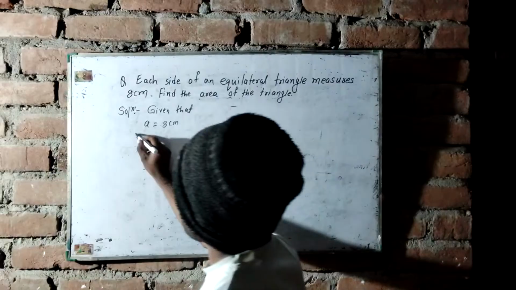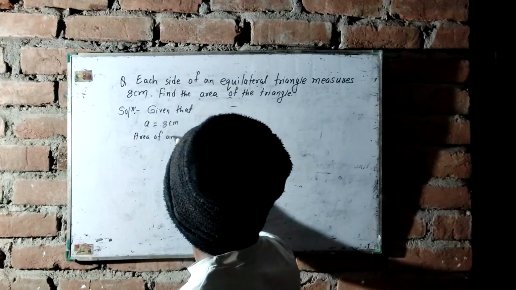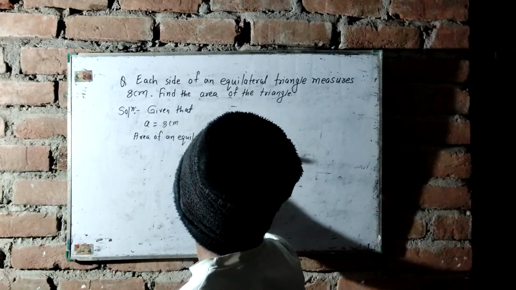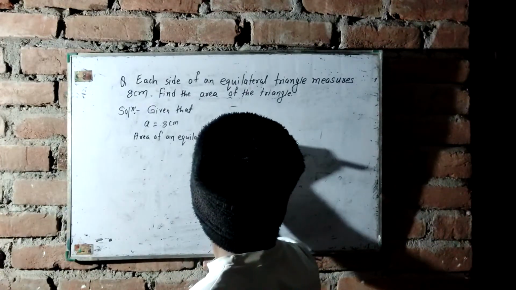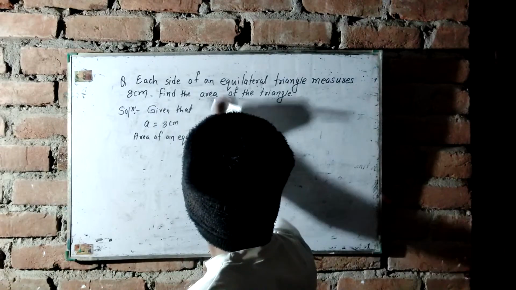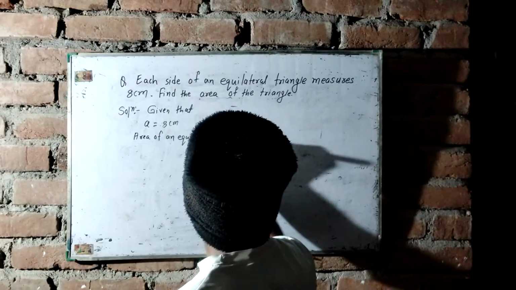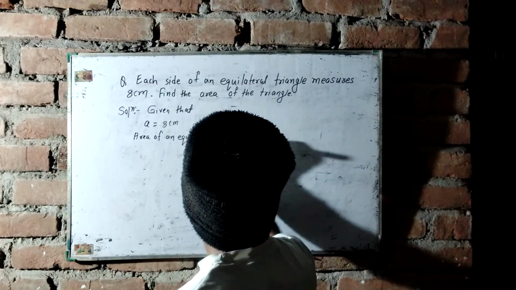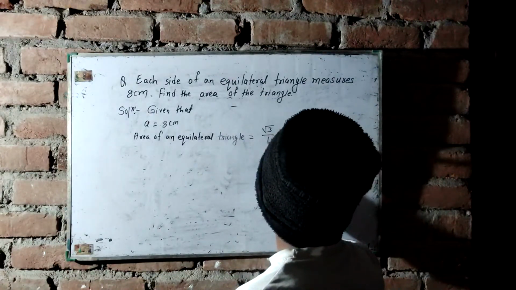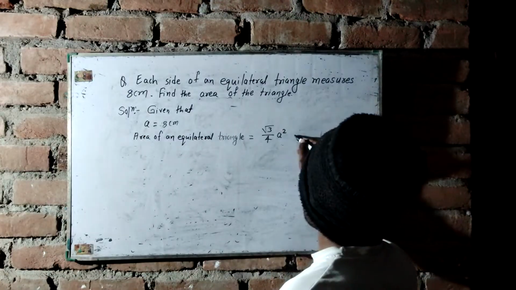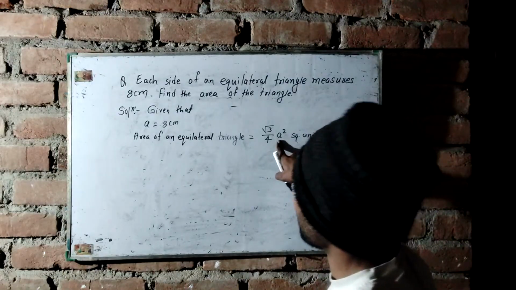So as you know, area of an equilateral triangle is equal to root 3 by 4 a square unit, where a is the side of an equilateral triangle.